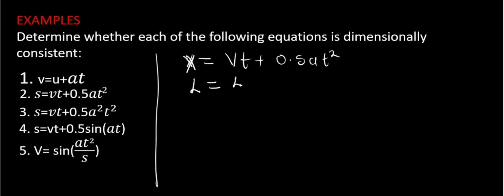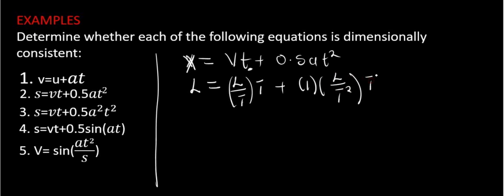How about the velocity? Remember, it's L over T, with capital T. Remember that a number is a dimensionless constant, so it's 1. Acceleration is L over T squared, then times T squared.